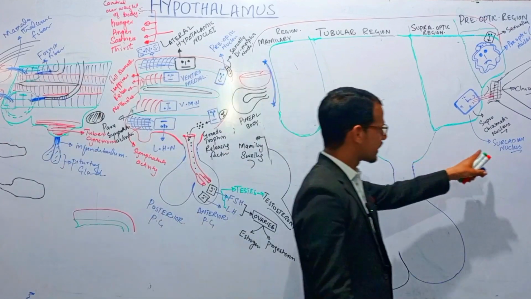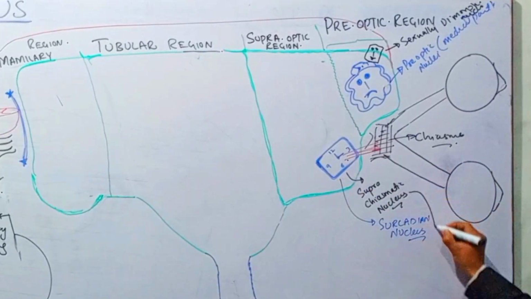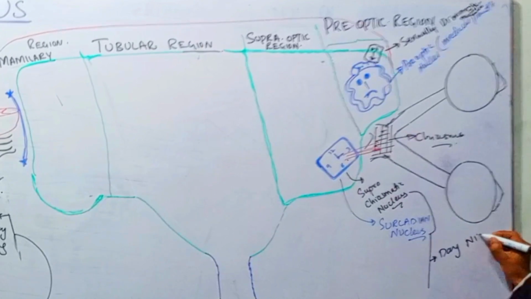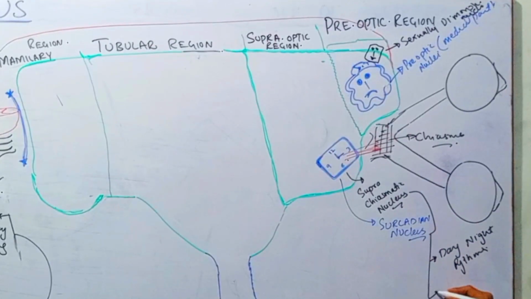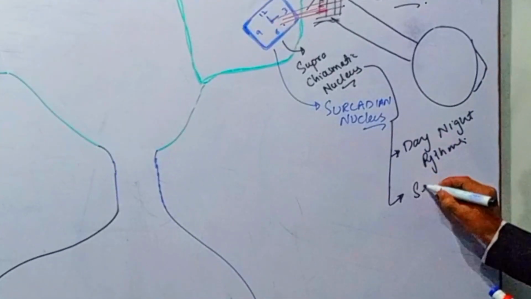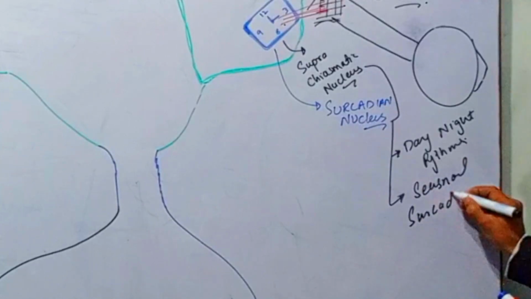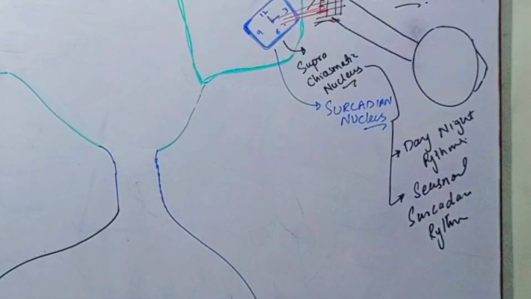So this is also known as the circadian nucleus, and it controls the day-night rhythms. Also it controls the seasonal or circadian rhythms in our body.